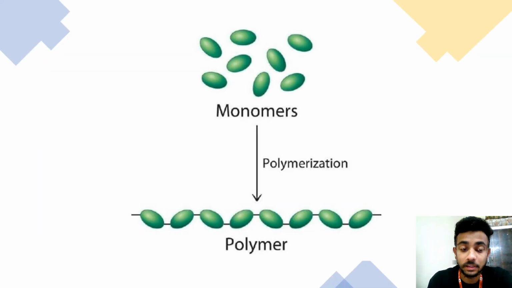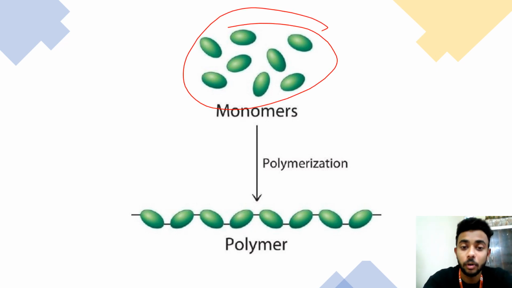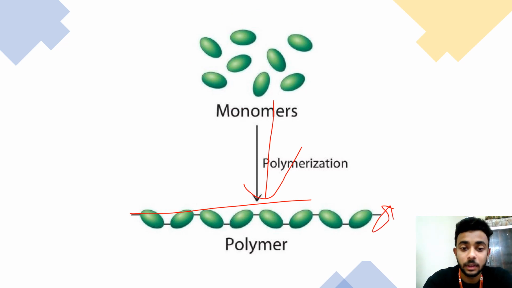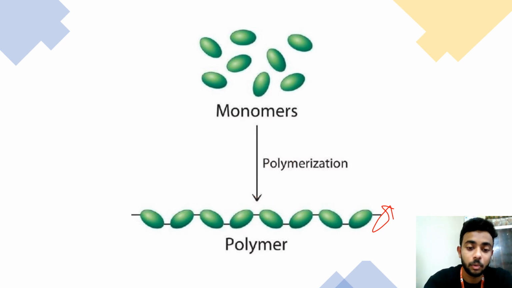So let us see the picture of how the polymer is formed. The group of monomers in the process of polymerization forms a polymer.